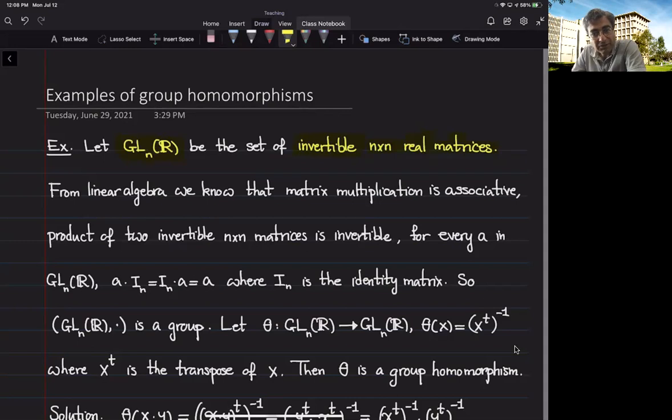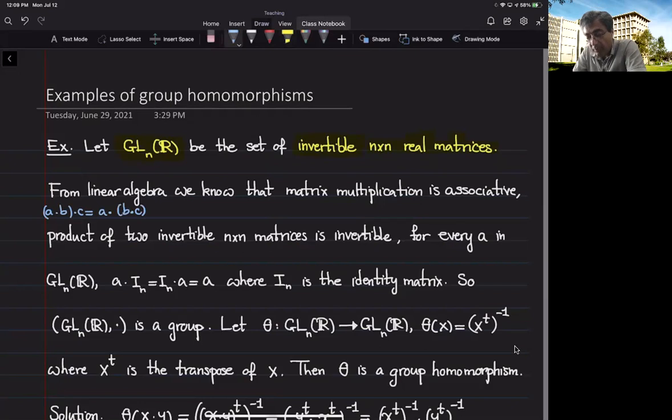From linear algebra, you've learned that matrix multiplication is associative. When I multiply matrix A by matrix B, and then multiply by another matrix C, it is the same as multiplying A by B times C. So multiplication is indeed an associative operation.